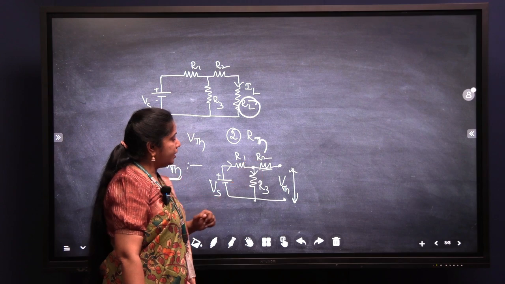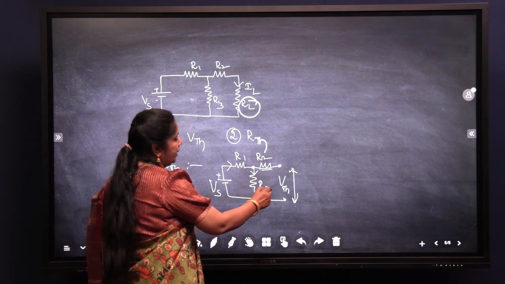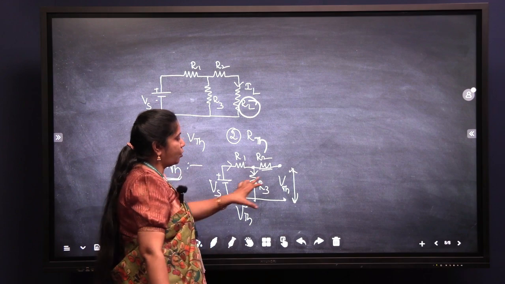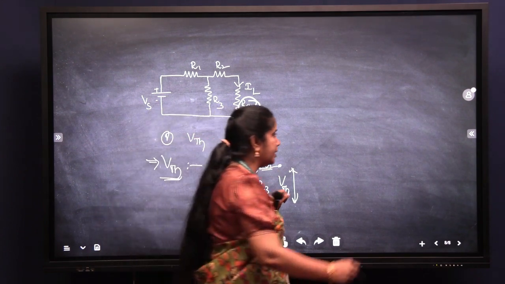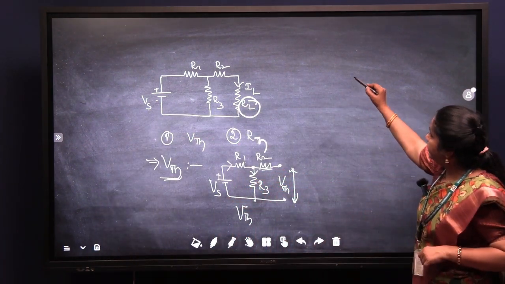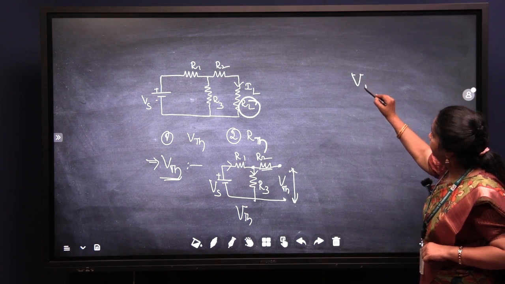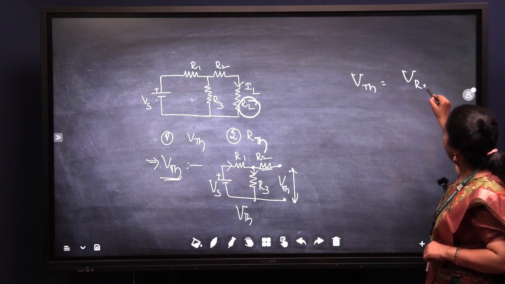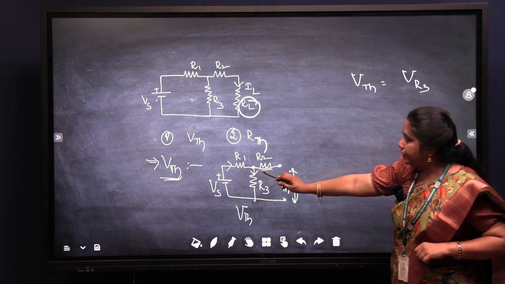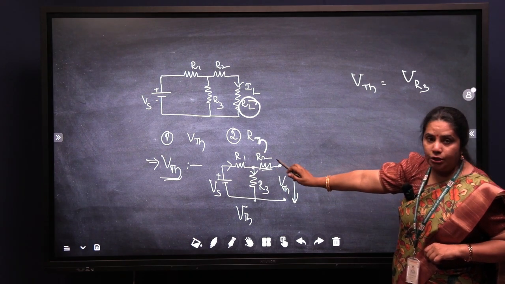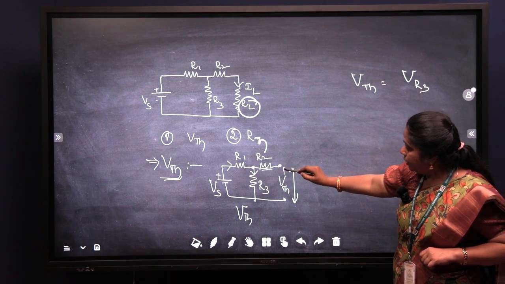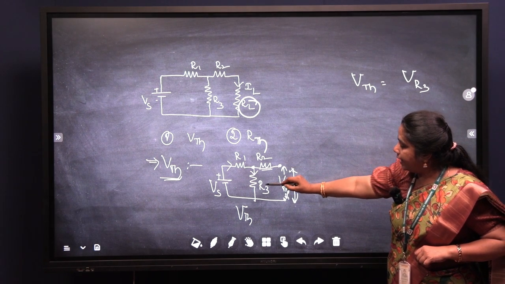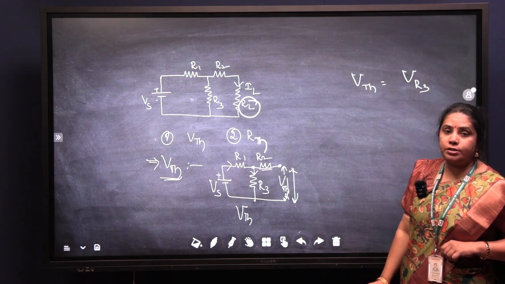Once the voltage is 0, VTH, which is the voltage across these open circuited terminals, will become the voltage across R3. Yes or no? Because the voltage across R2 is 0, whatever voltage is present across the open circuited terminals is directly equal to the voltage across R3.